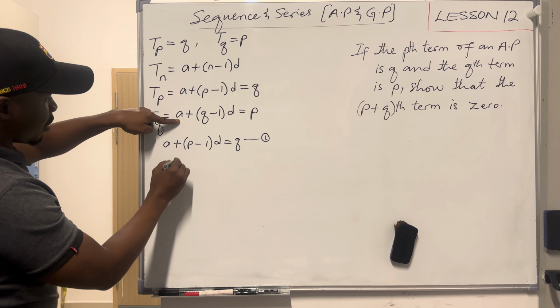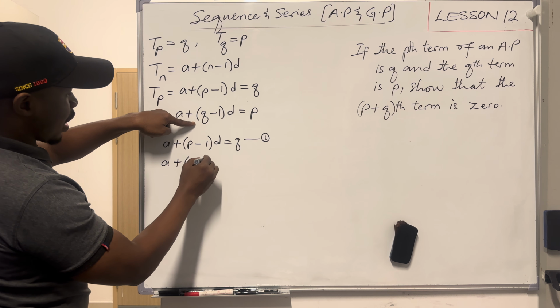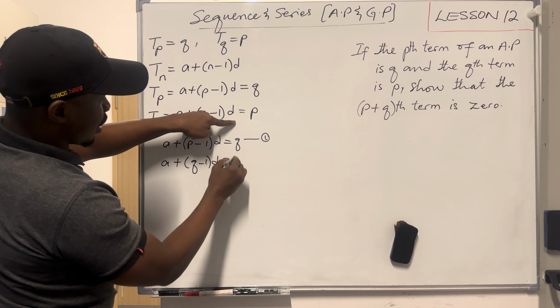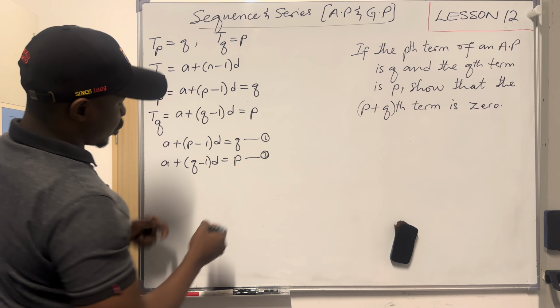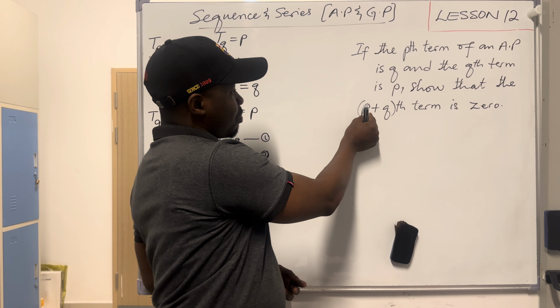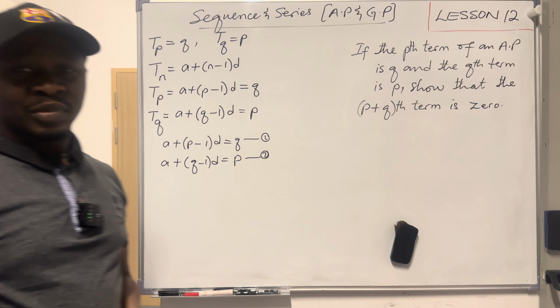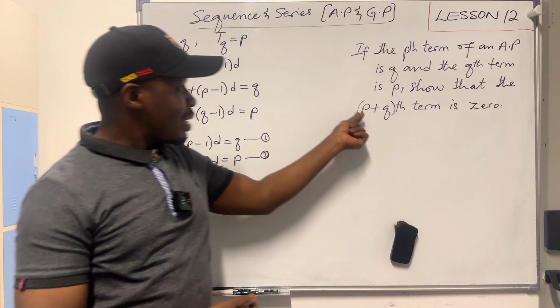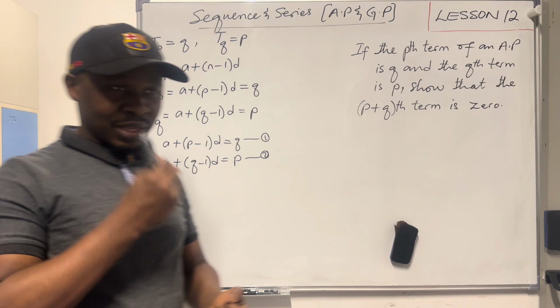And a plus (q minus 1) times d equals P. This is equation 2. So what do we want? We want the (p+q)th term, and we want to show that the (p+q)th term is 0.